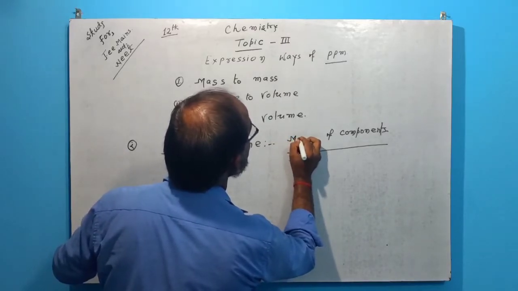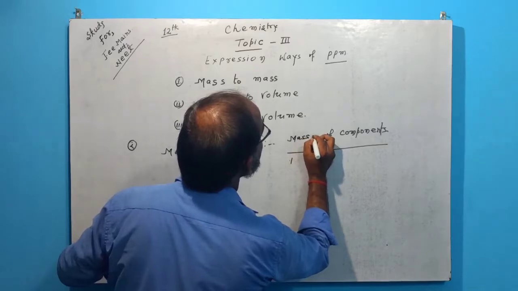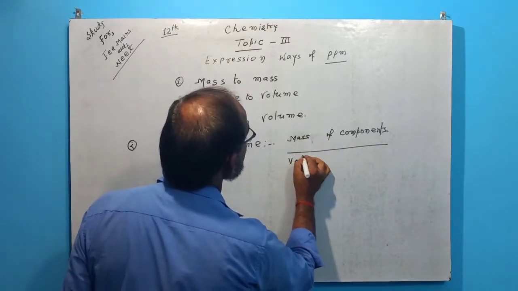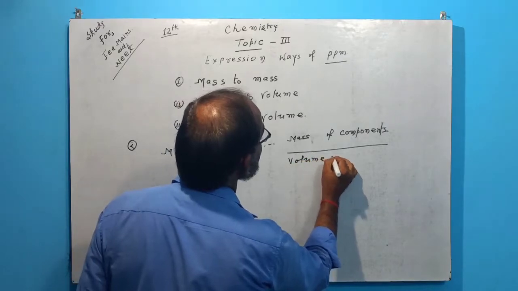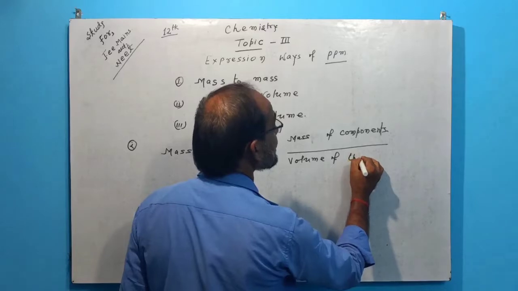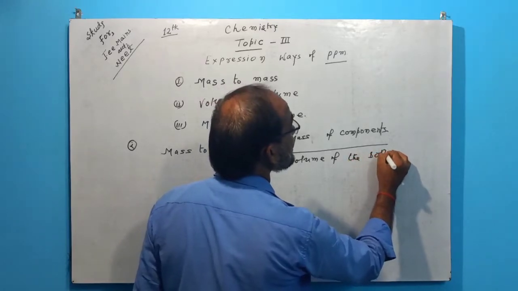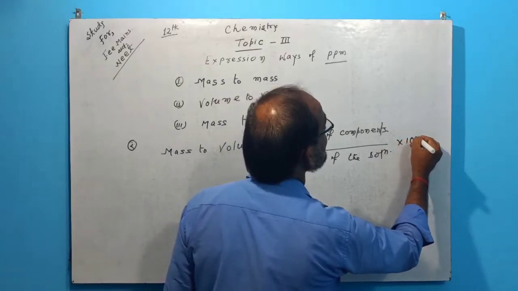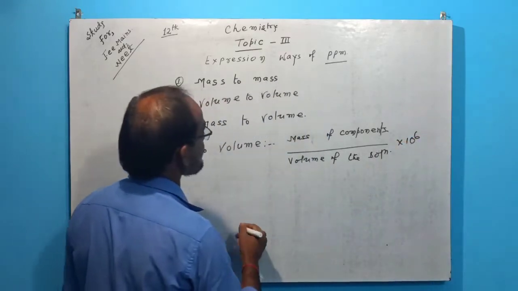That means mass to volume is equal to mass of component upon volume of the solution into millions of times.